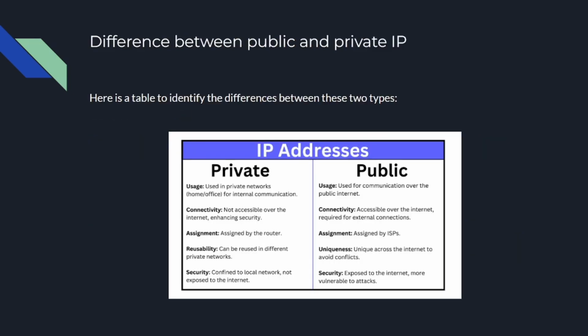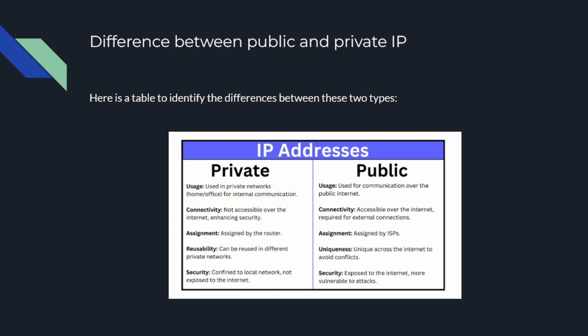So this is a table. By looking at this table, we can easily differentiate private IP and public IP. The first point is usage. We use private IP in a home or office network to identify our home or office devices individually, and we use public IP to serve through the internet.